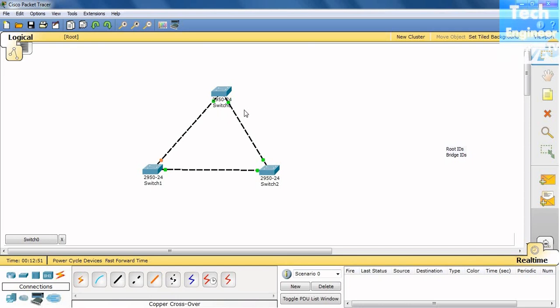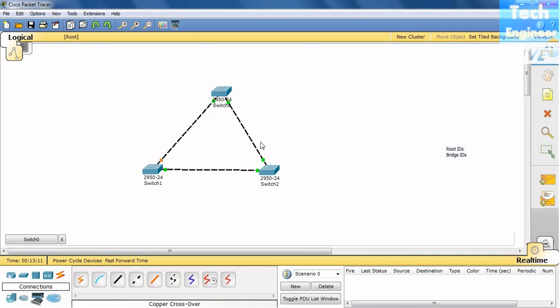So the ports connected to the root are considered root ports. Designated ports means all the uplink ports, which will be considered designated, and the rest will be in a blocking state.